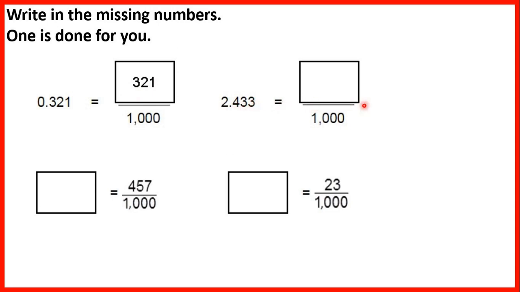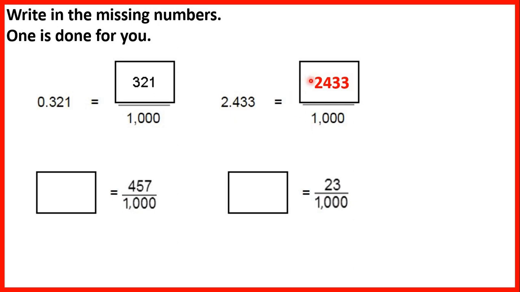Now we have 2.433. We have a denominator of 1,000 because we have 3 digits after the decimal point, and the third digit is the thousandths digit. But this time our ones digit is not a 0, so we need to include the ones digit in our numerator, so we have 2,433 over 1,000.